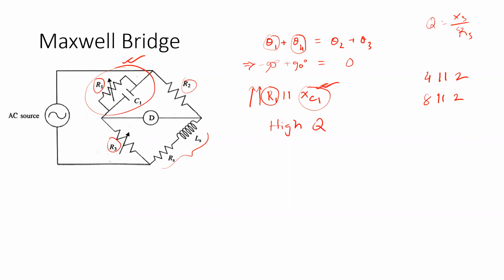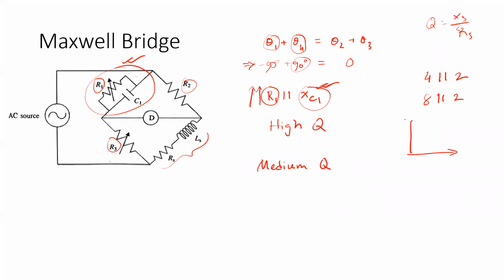Now, in case of an inductor with medium quality factor, this angle is not supposed to be almost equal to 90 degrees. It will be some intermediate value.